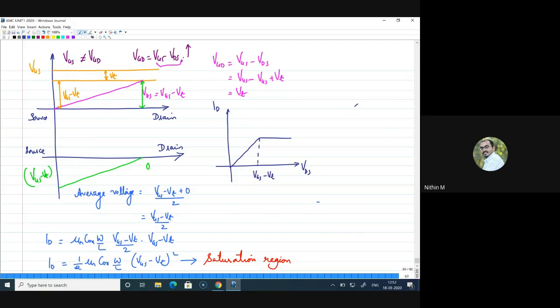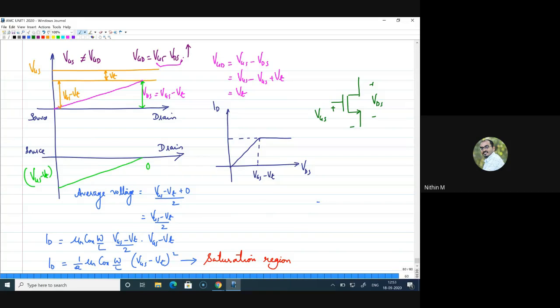This is VGS minus VT. Now this is what we generally call an ideal MOSFET. You have a MOSFET and you are applying VGS and you are applying VDS here. Initially your current will be proportional, later current will be constant.